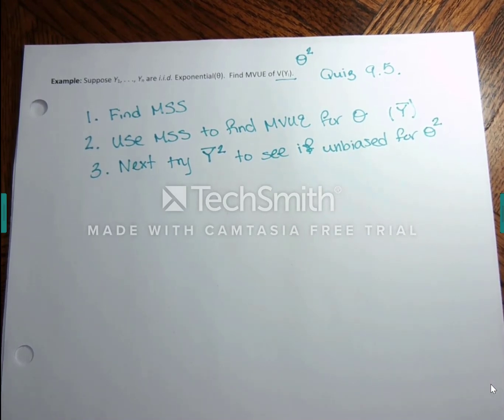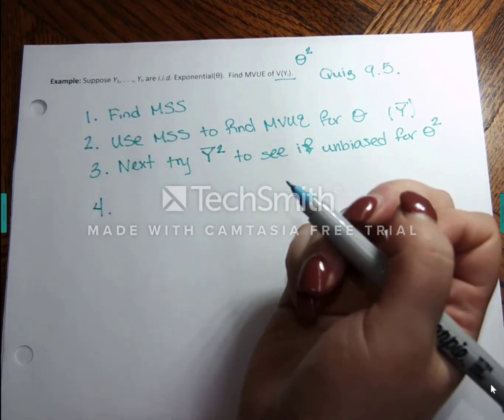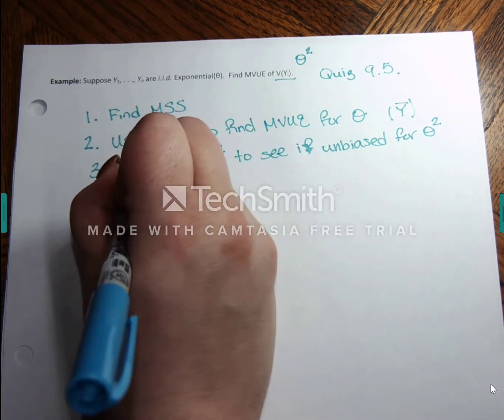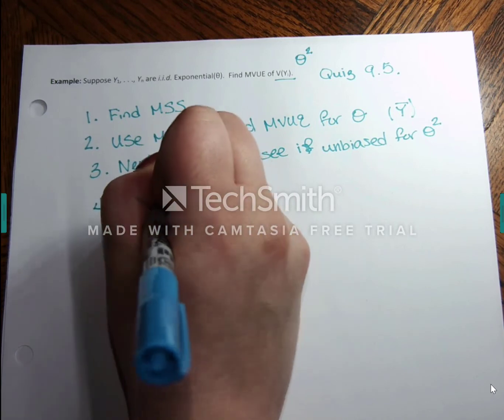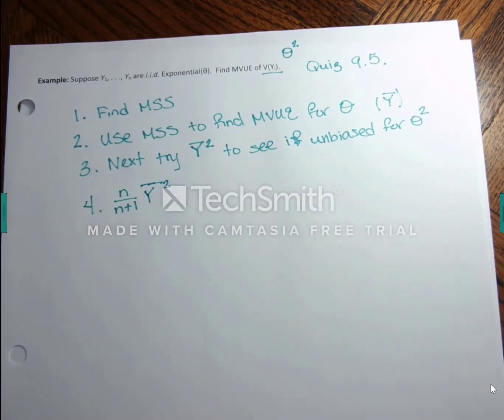It is going to be a biased estimator. And so you're going to work with that estimate. And then what you should find as your MVUE of theta squared is n over n plus 1 of y bar squared. So that's kind of the steps that you're going to want to follow for this problem. And then there's going to be more information on Blackboard as far as how to submit the quiz.